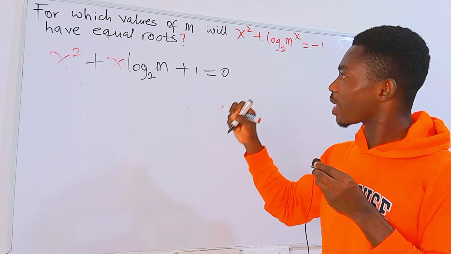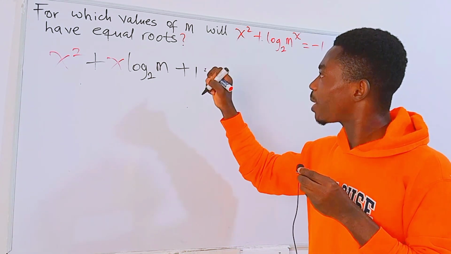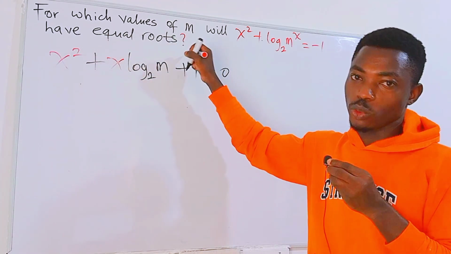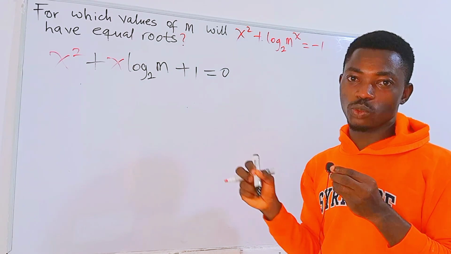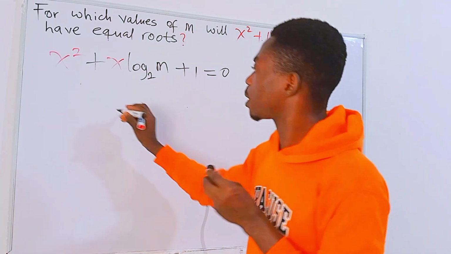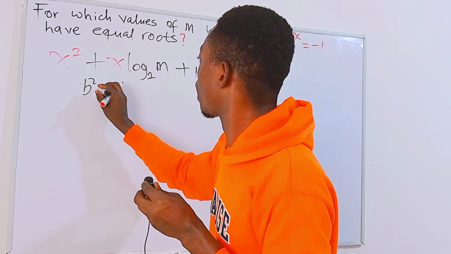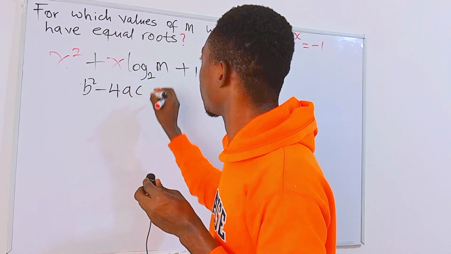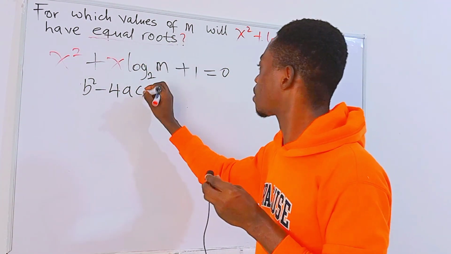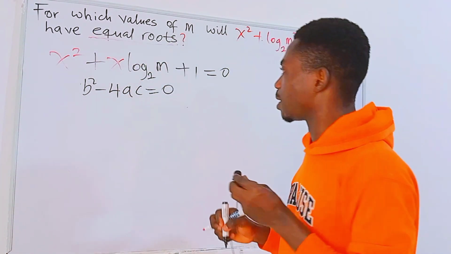And from the question, we are saying that we should determine whether this m here will make this equation have equal roots. So from this, we're going to have to make good use of the discriminant formula, which is b squared minus 4ac. And because we are checking for equal root, this must be equal to 0.